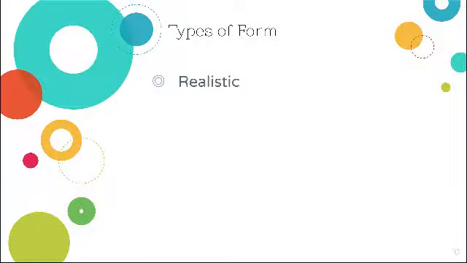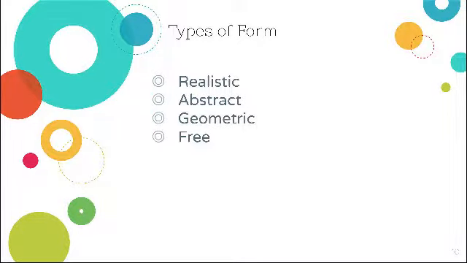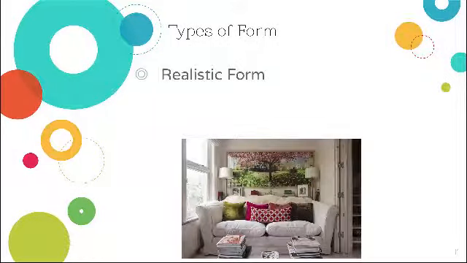Now let's talk about the types of form. There's realistic form, there's abstract, geometric, and free form. So let's talk about the realistic form first. If you look at this picture, you can tell that that's a couch, and you can tell the picture is of a tree and nature in the background.